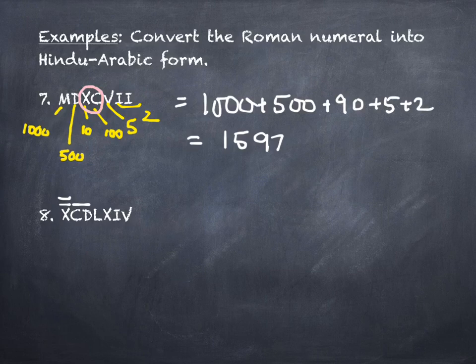Does that make sense? Can you explain the X and the C? Right. Anytime a smaller value comes before a larger one, it's subtracted from that larger one.